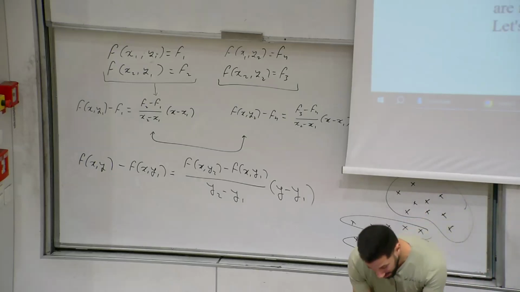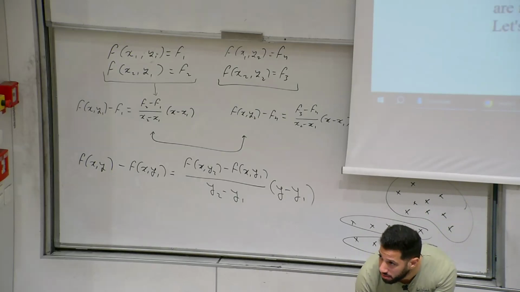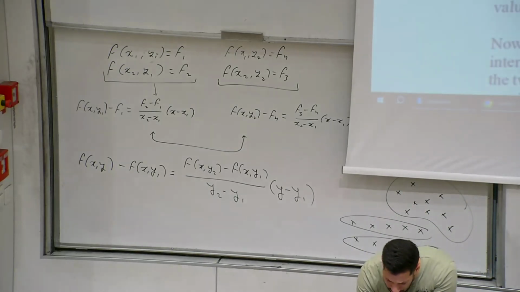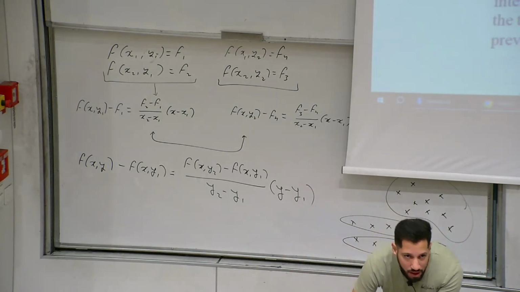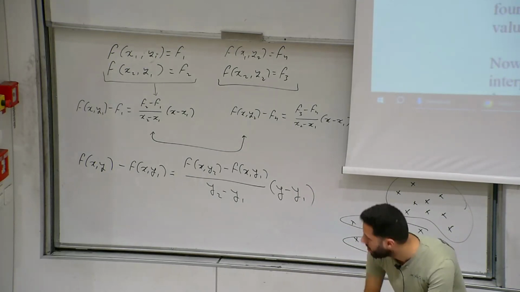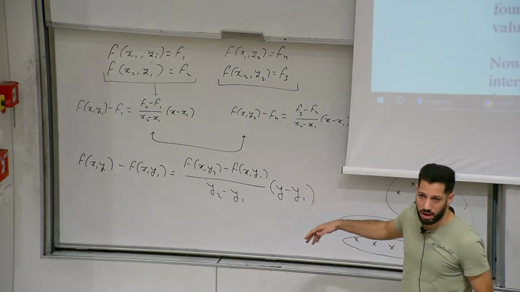Good question. Questions on this? And here we use T and U. If you understand the idea, that's enough for me. I don't want you to use these T and U because this is only linear.